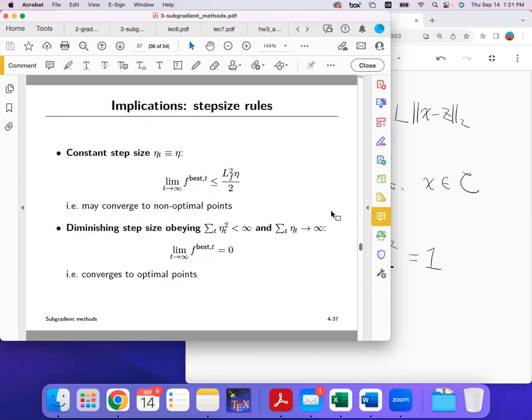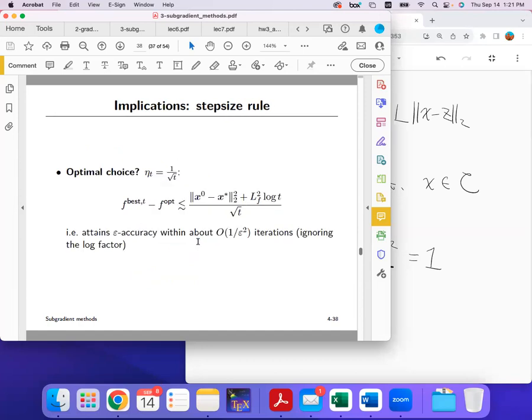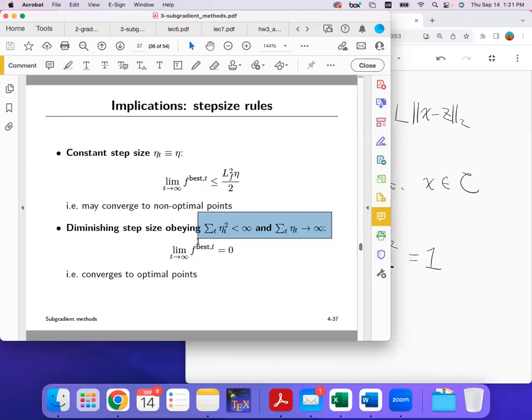So we want to choose an eta t that satisfies these two conditions. And a good choice is 1 over square root of t. If you set eta t to be 1 over square root of t, then this one is roughly sum over 1 over t.